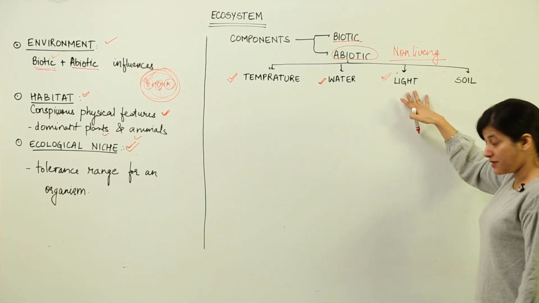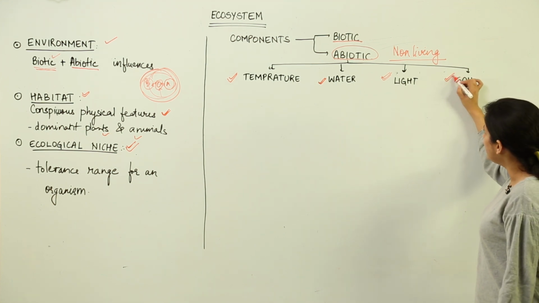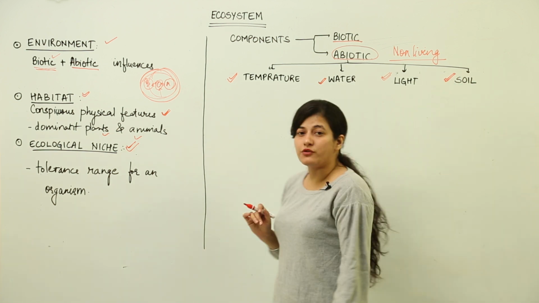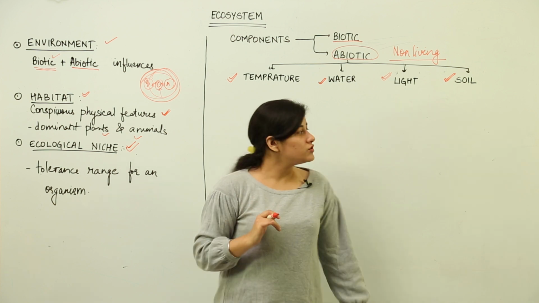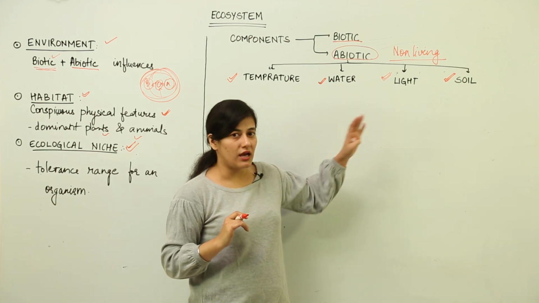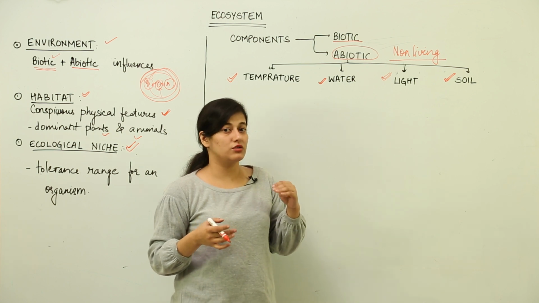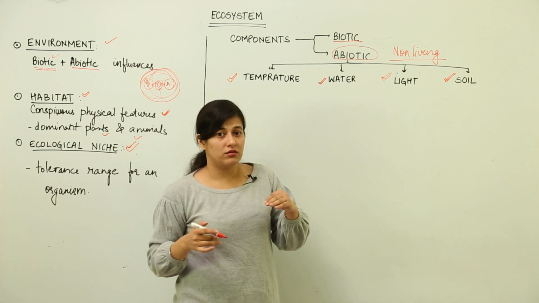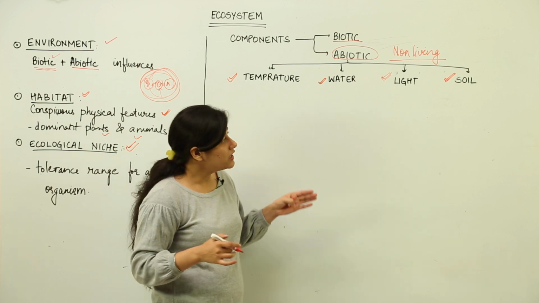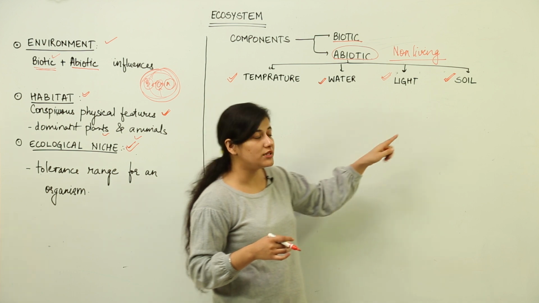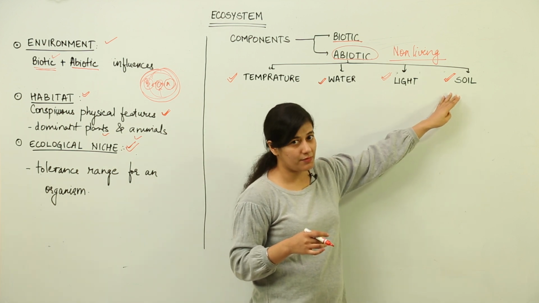So light is important, and soil also contributes to the abiotic influences for an organism. When I'm talking about soil over here, you might have a doubt in your mind: how does soil affect us? How does soil affect those organisms which are not dependent on soil directly? Somehow every organism is indirectly dependent on soil. That's why it makes an important abiotic component.